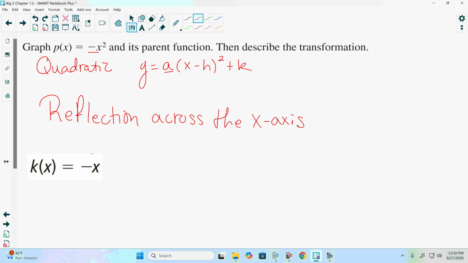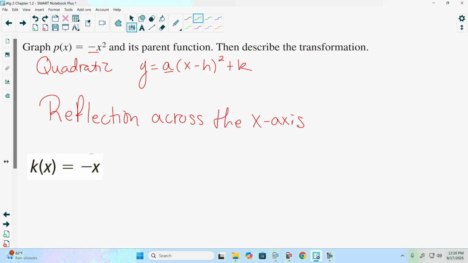We're almost comparing it to the general form. Does it have a value in these spots? If it does, we list that transformation. If it doesn't, we don't. And really what we're doing is describing what happened from the parent function to this one. How did it change? What did we do to it to get here? We reflected across the x-axis. That's it.